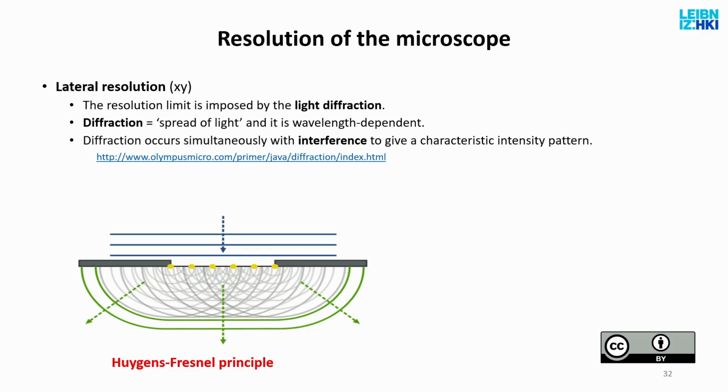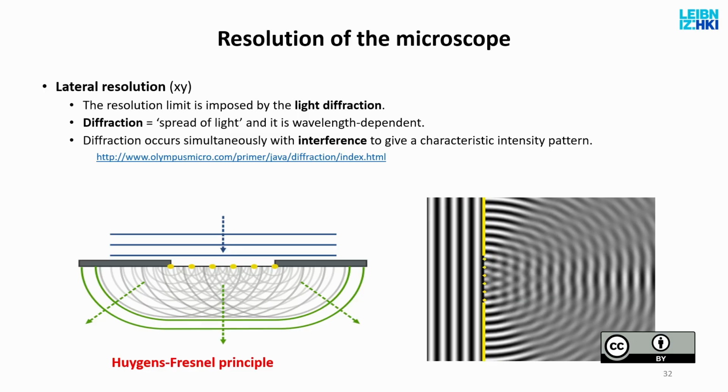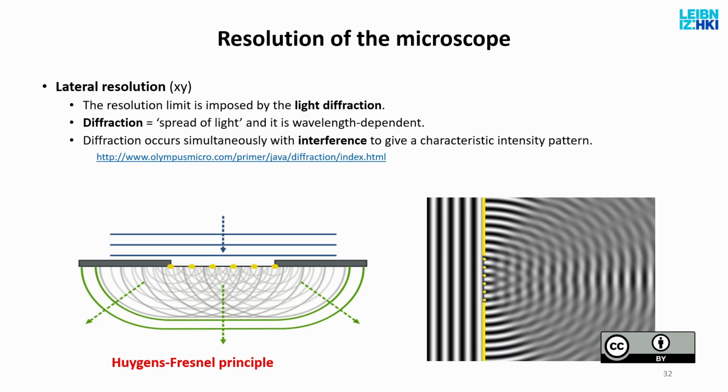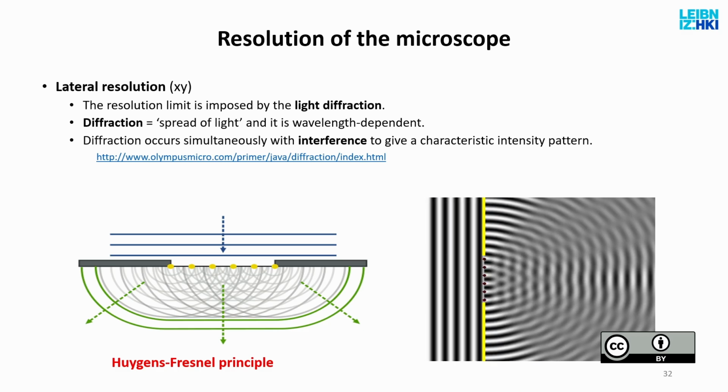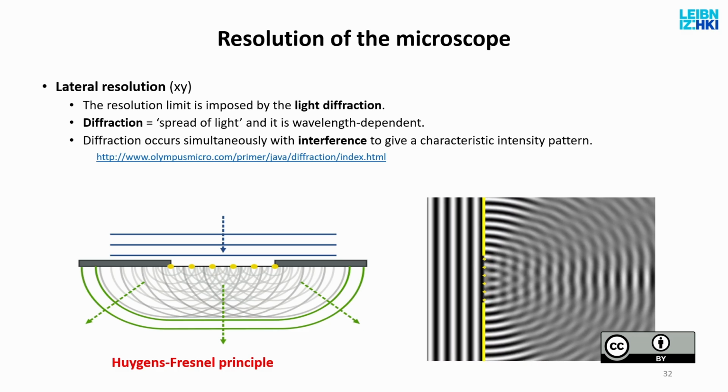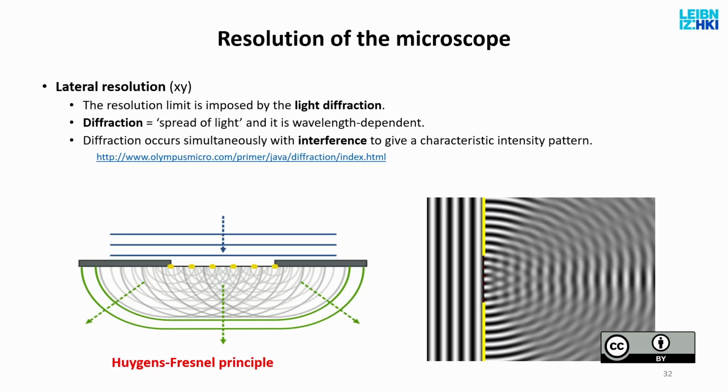And the reason for that is that this spot will behave as a source of a lot of individual beams now. So the light that carried the information up to this point starts to spread randomly in every direction.